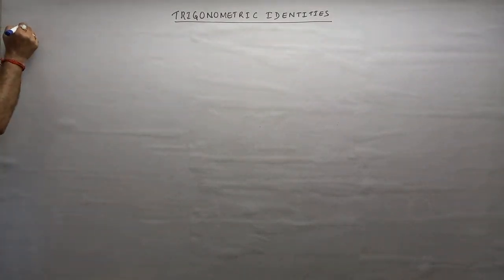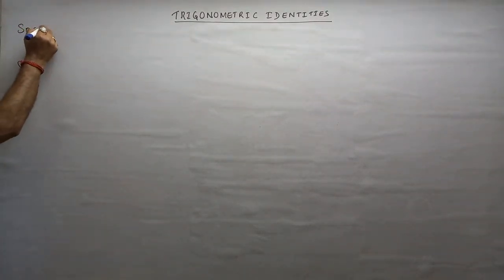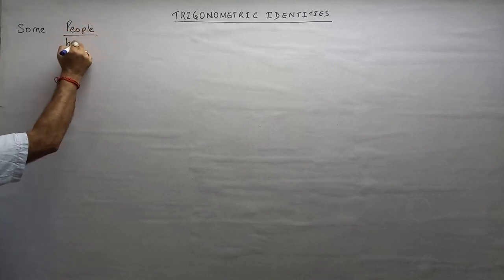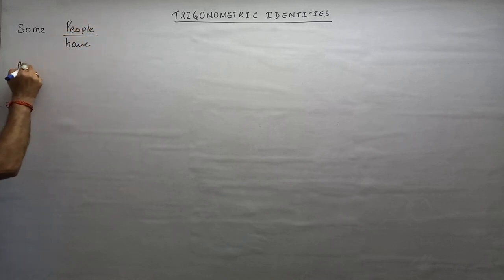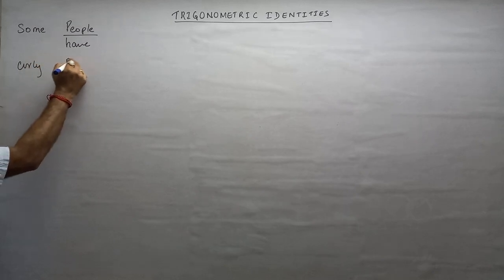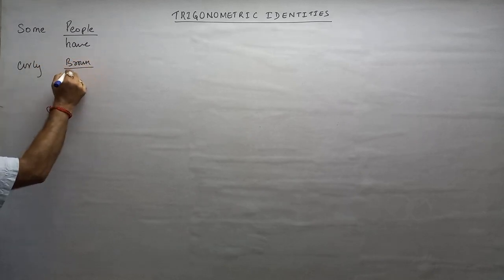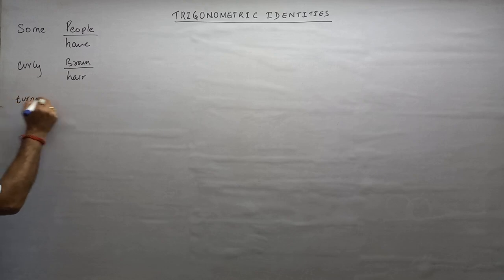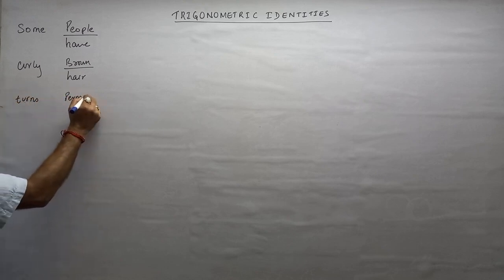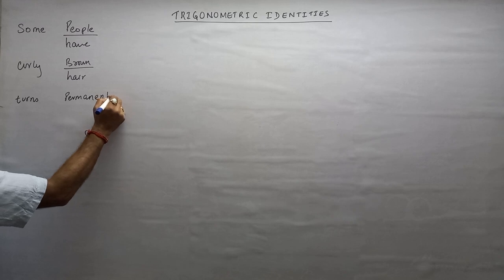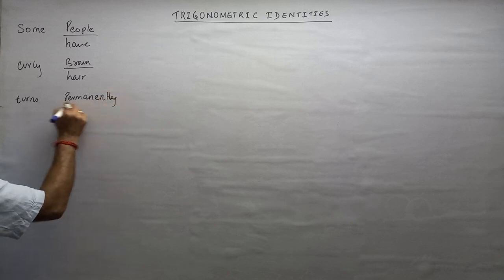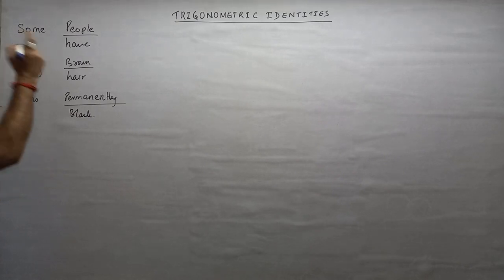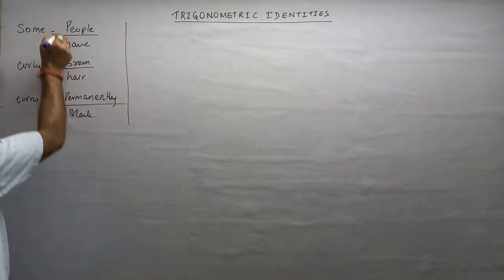So we can recall it like this: Some people have curly brown hair, turns permanently black.